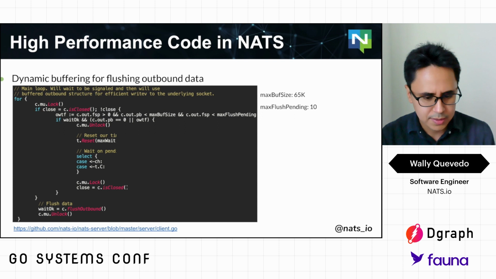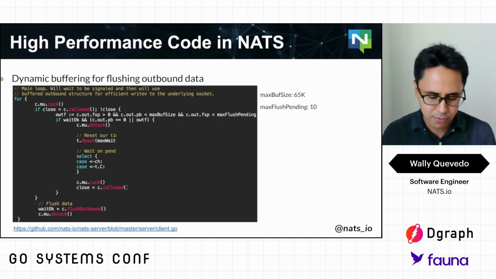And it has some fixed sizes on the signaling. In this case, whenever it collects at most 10 flushes pending to be signaled to the server, it is going to be forcing a flush. But it can also happen whenever the buffer gets up to like 65 kilobytes.